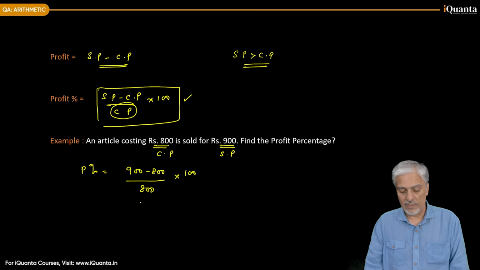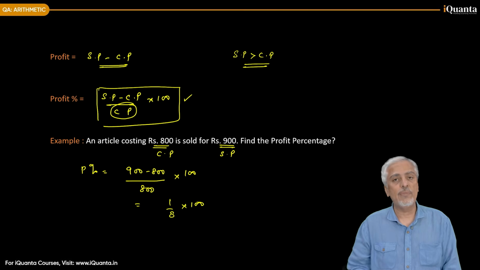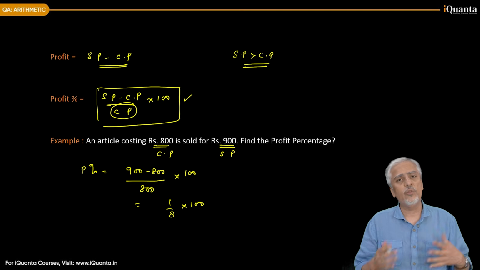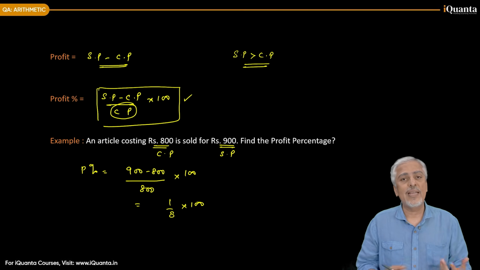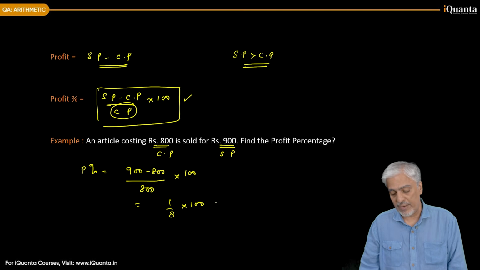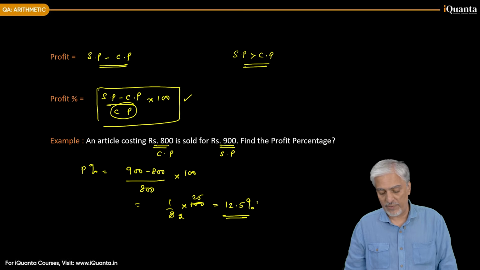So that will become 100 upon 800, which will be 1 by 8 into 100. 100 upon 800 is 1 by 8, 1 by 8 into 100. Now we know from our fractions part from the chapter of percentages that 1 by 8 is 12.5%. So hence you should directly get this as 12.5% instead of actually doing the calculation. Otherwise you can do that 4 2s are 4, 25s are 25 divided by 2 is 12.5%.